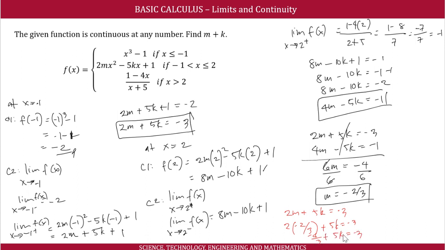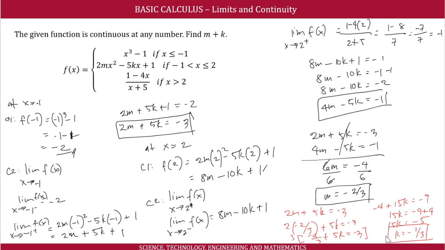To remove the denominator, multiply both sides by 3. So negative 4 plus 3 times 5k, 15k, equals 3 times negative 3, negative 9. So 15k is equal to negative 9 plus 4. Transpose negative 4 to the right, becoming positive 4. So 15k equals negative 5. Dividing both sides by 15, k is equal to negative 5 over 15, or negative 1/3.